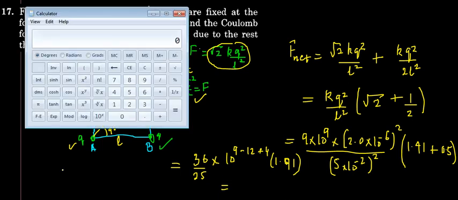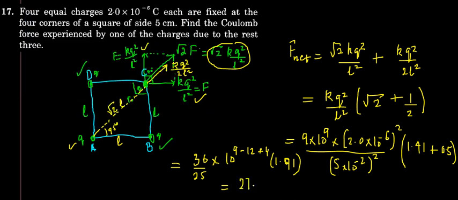Let's find out how much is that. 36 divided by 25, we're getting 1.44 times, this is 9 plus 4 is 13, minus 12 is 1, that's 10. Multiplied by 10, you get this number times 1.91. So we get 27.5, so approximately it's 27.5 newtons. Okay, this is the net force acting on the charge at vertex C.